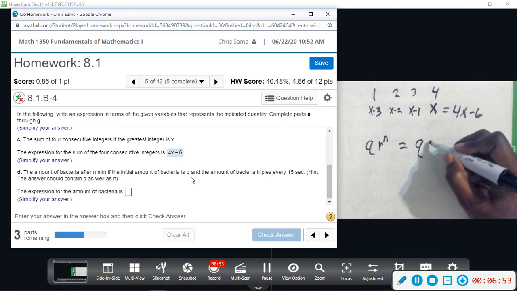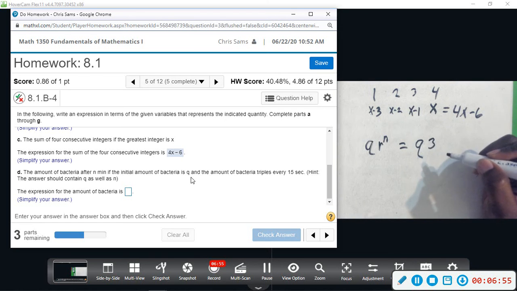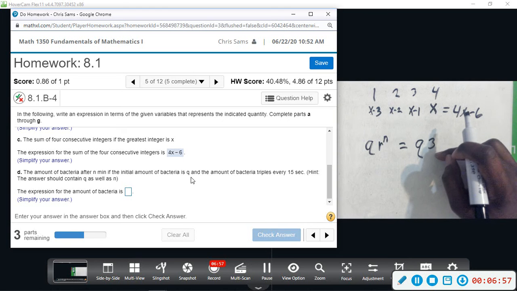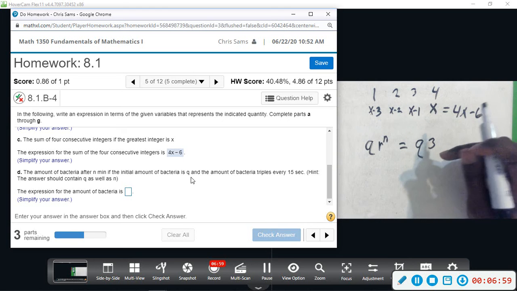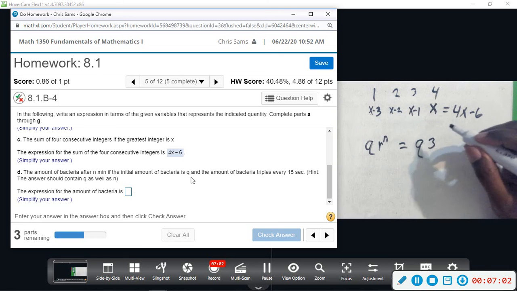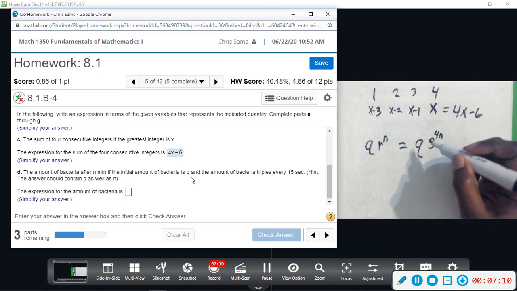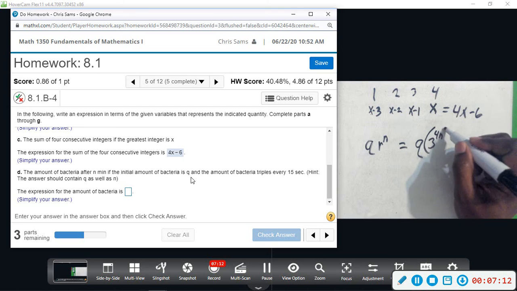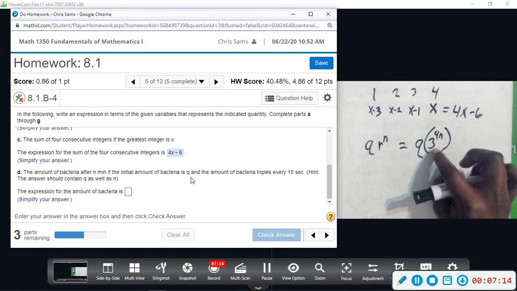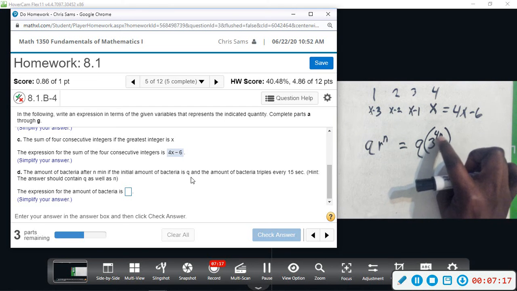The rate is 3 because it's tripling every 15 seconds, and there are 4 groups. If you do a minute, it's 60 seconds, and you divide that by 15, you would get 4. So 4 times per minute, 4n. So this will be our formula: 3 raised to the 4th power for every minute, times the number of minutes.